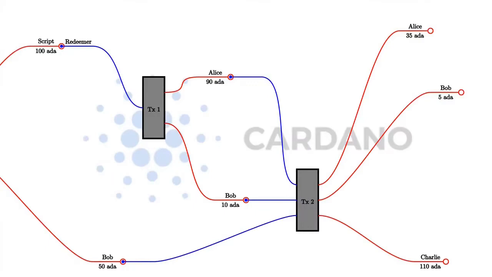So what Cardano does is something in the middle. It doesn't offer such a restricted view as Bitcoin, but also not such a global view as Ethereum, but instead chooses a middle way. So the script can't see the state of the whole blockchain, but it can see the whole transaction that is being validated.